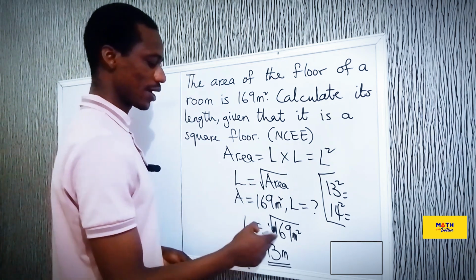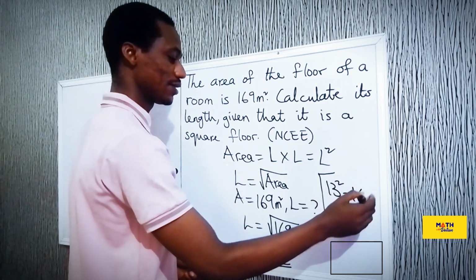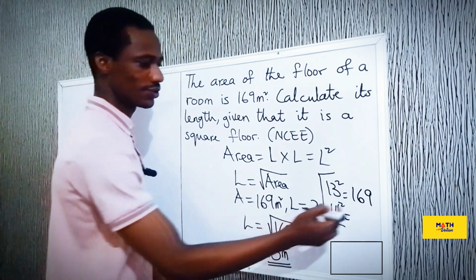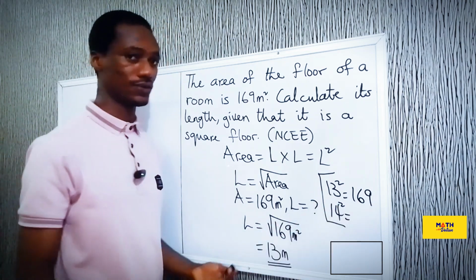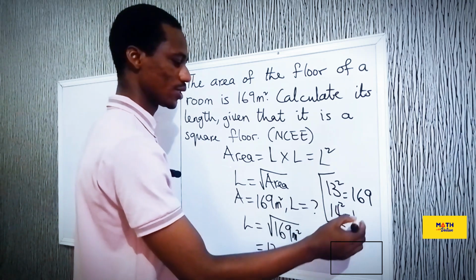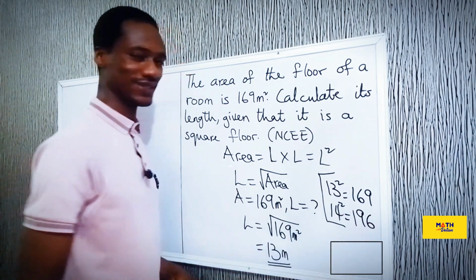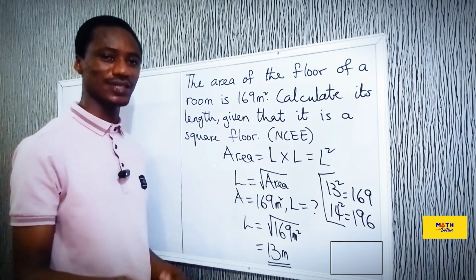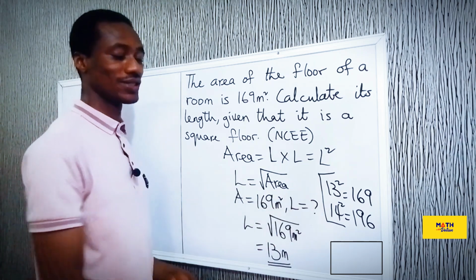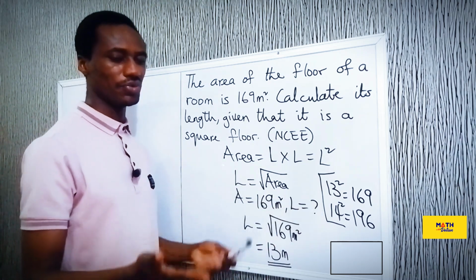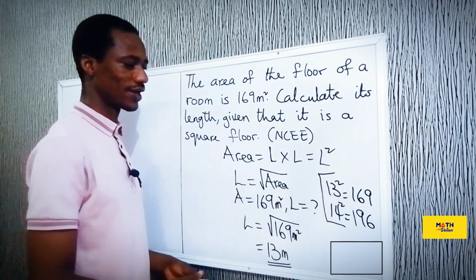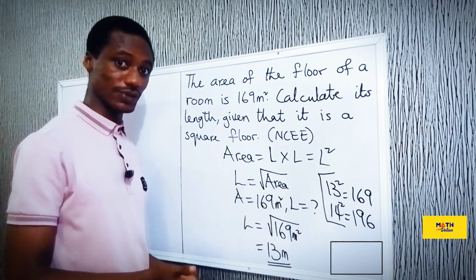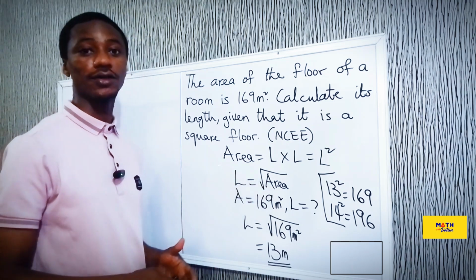We have 169 for 13 squared, and you just need to rearrange the last two digits for 14 squared. So 14 squared is 196. Can you see that? I hope you don't forget that. 13 squared is 169, 14 squared is 196, made up of the same digits. The bigger one is 14, the smaller one is 13.